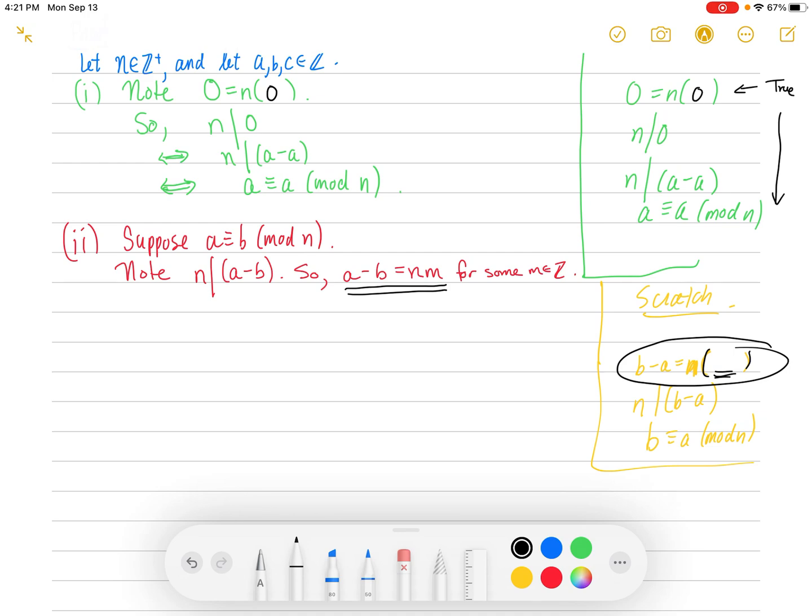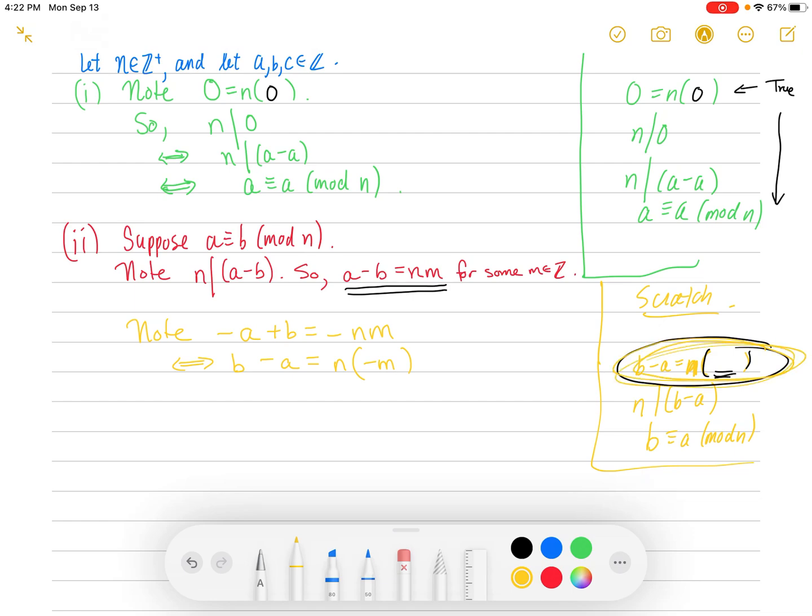Well, we could multiply both sides of the equation by -1. So the red equation, multiply it by -1. So let's say note, if I multiply the left side of a minus b by -1, I get minus a plus b equals negative nm, right? And then we can change the order. This is equivalent to b minus a equals n times negative m.